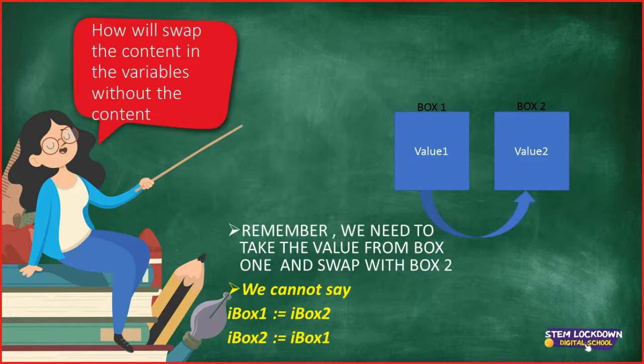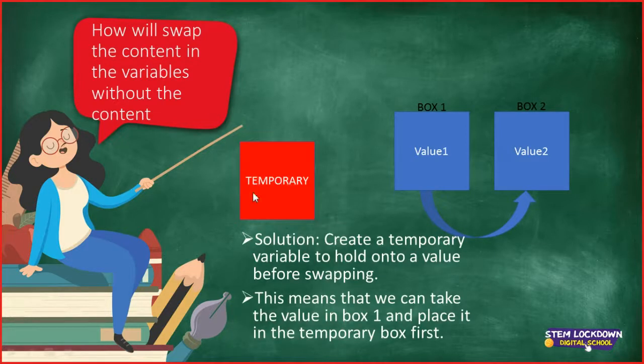So what would be the feasible answer to swapping the values without mixing it up or losing those values? The feasible option would be to have another box so that we can place the contents of box 1 in there, and then we could swap the contents and take the contents from the temporary box back into box 2. So hopefully you understood what the purpose of the temporary variable was there for.